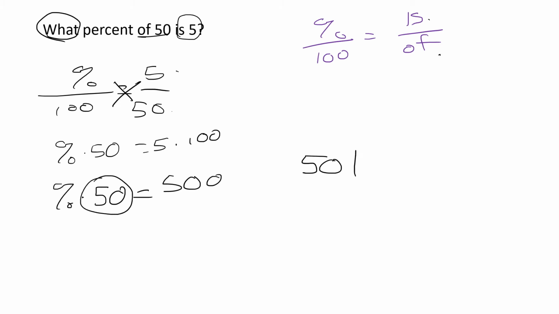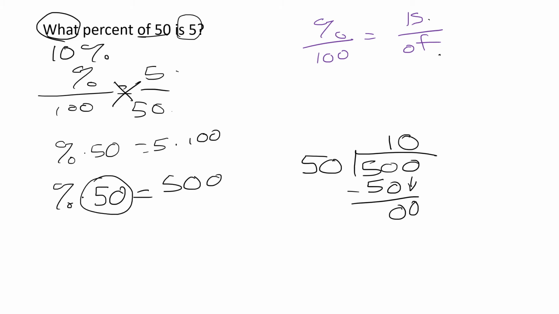So 500 divided by 50. So 50 goes into 50 once. 1 times 50 is 50. Subtract and get 0. Bring down the next 0. 50 goes into 0 0 times. So our final answer is 10. So 5 is 10% of 50.